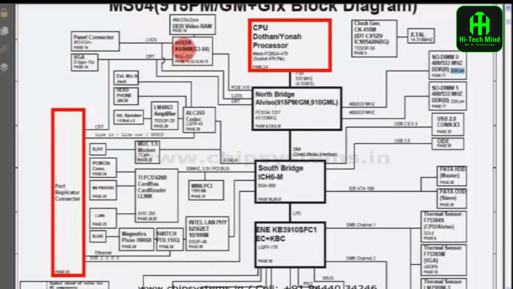NVIDIA is a video controller or graphic processor. The graphic controller is always said to belong to the Northbridge. The NVIDIA graphic processor is controlled by the Northbridge. Here we get the output from the NVIDIA through the CRT and LVDS monitor.